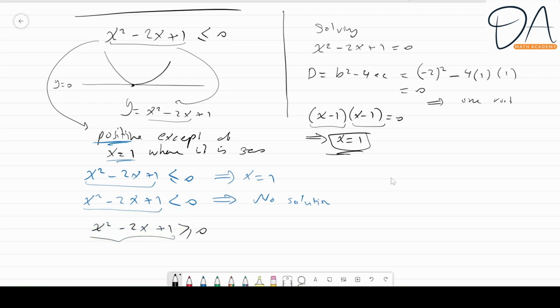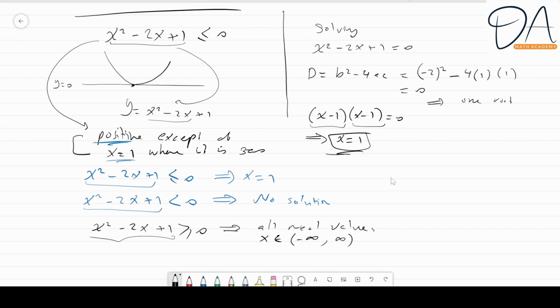But we know that this expression all the time is positive except 0 when x equals 1. So it means all real values. So x can be any real number.